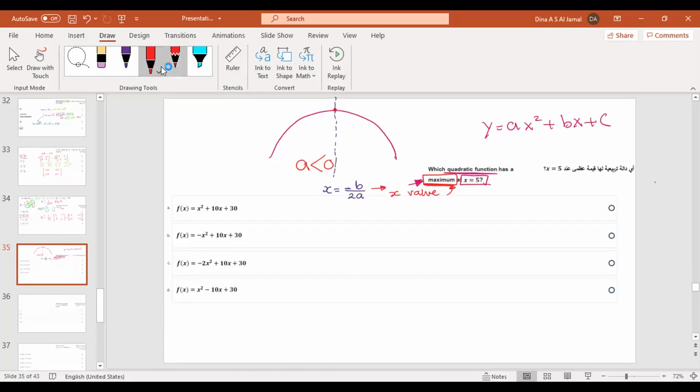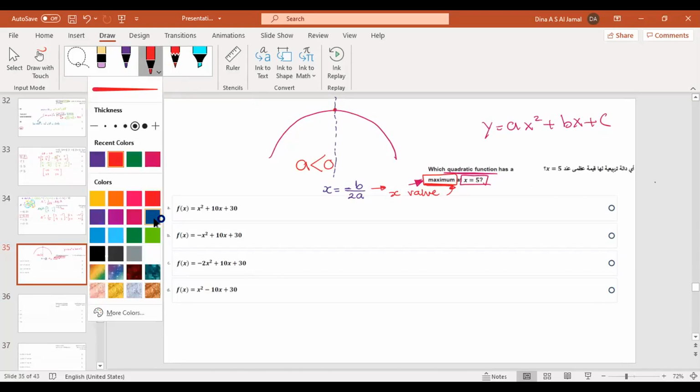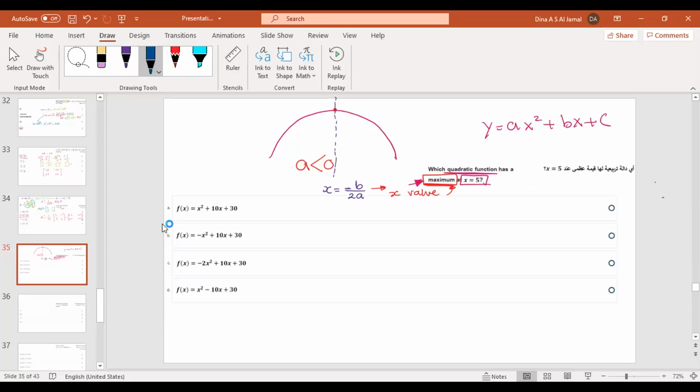Good. Now, I will be checking each of them and seeing which of them will be having the maximum. First of all, let's cancel the equations or the functions that will not help me.